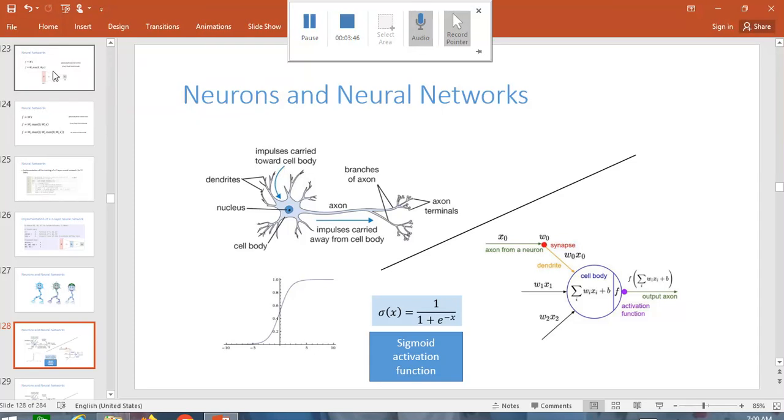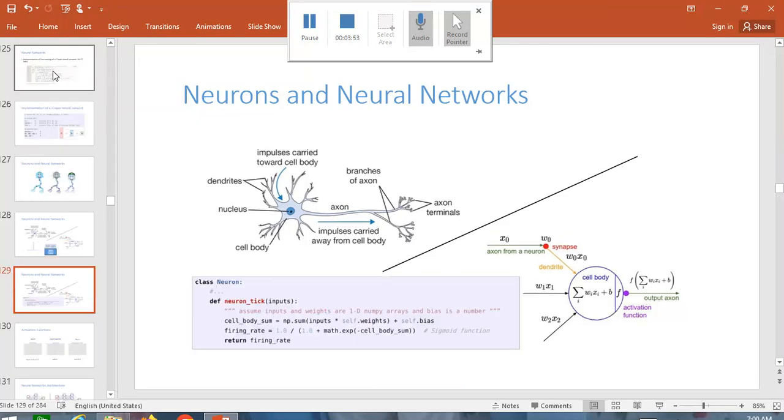Historically, this function has been used a lot, but now we know that there are better functions. It is better for us to do the calculations at the layer level instead of the neural level.